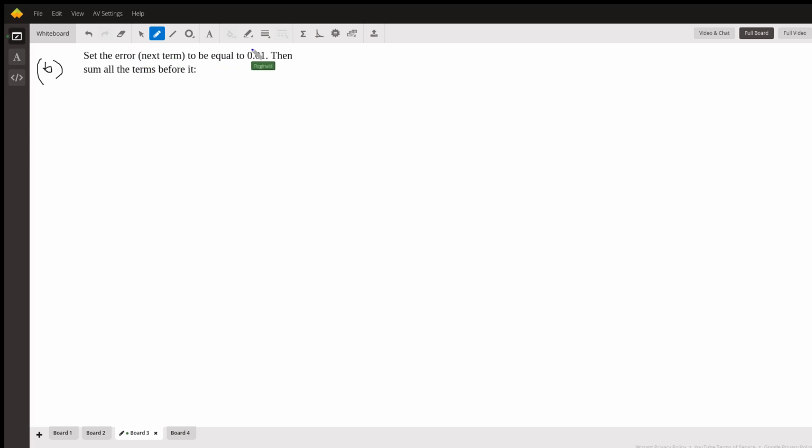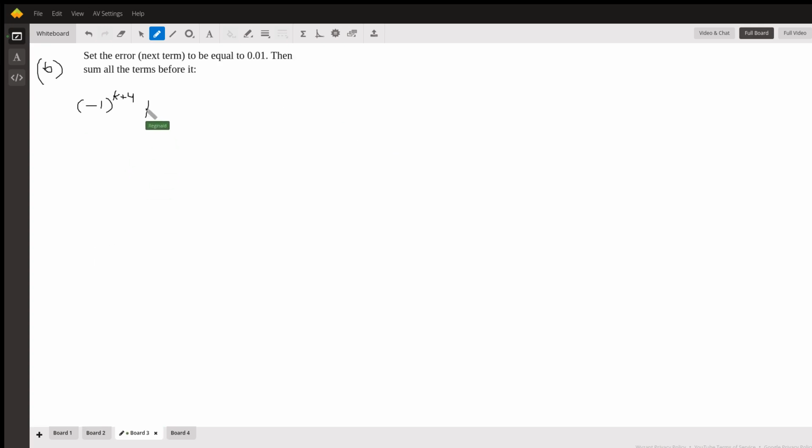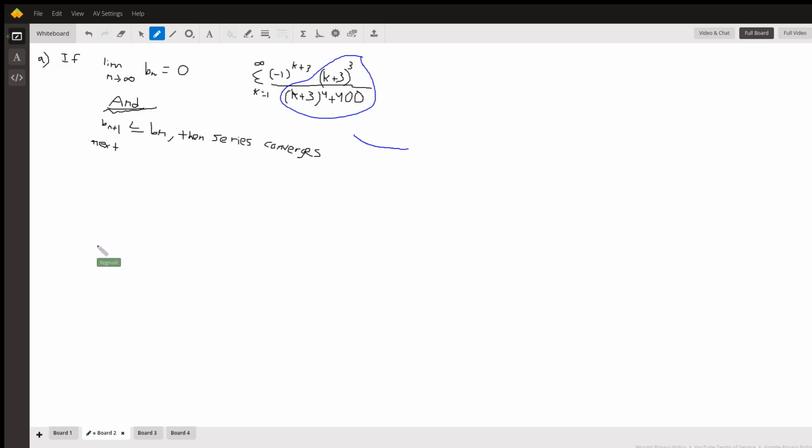Switching back to another color, you have negative 1 to the k plus 4, times k plus 4 to the third, over k plus 4 to the fourth plus 400.